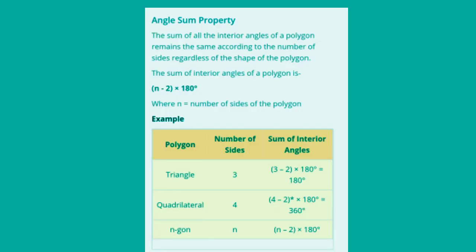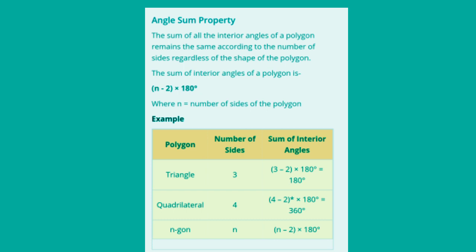Let us see some examples. Polygons, number of sides. See, triangle: the number of sides is 3, and the sum of interior angles is 180 degrees. And quadrilateral: the number of sides is 4, and the total interior angles are 360 degrees.